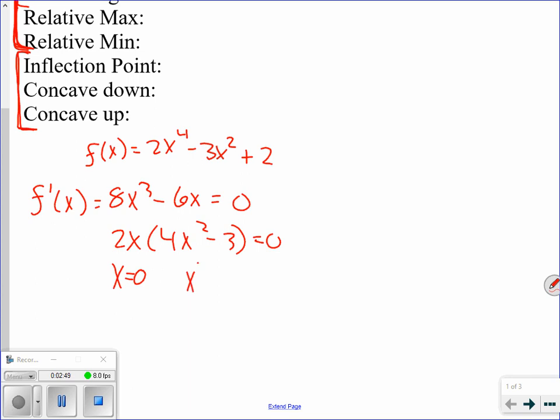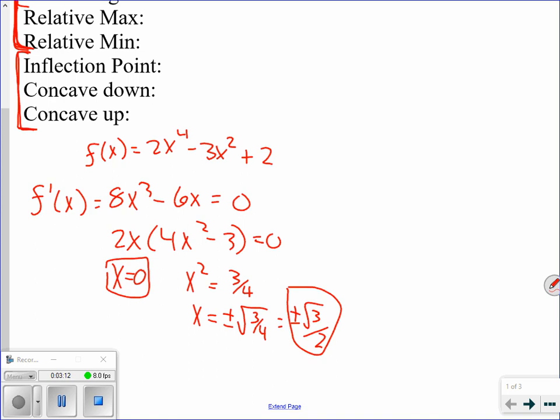Let's see, x squared equals 3/4. So x equals plus or minus the square root of 3/4. And if you want to simplify that even a little bit further, you could say plus or minus the square root of 3/2. Okay? All right, so we got our critical points. 0 plus or minus the square root of 3/2.